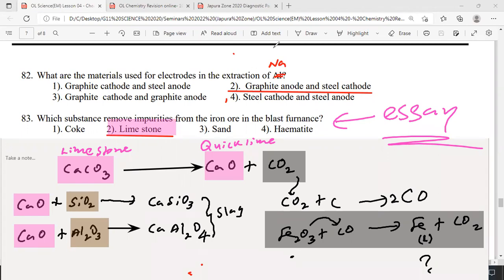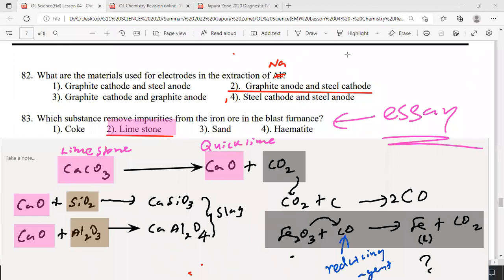Carbon monoxide acts as what agent? Reducing agent. A reducing agent removes oxygen from hematite. This is the agent which makes hematite reduce. What is reduction? Reduction is removal of oxygen.